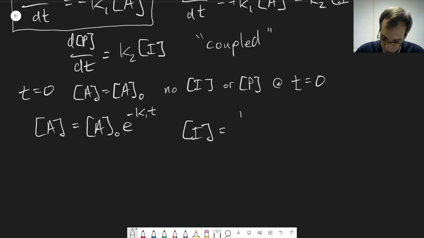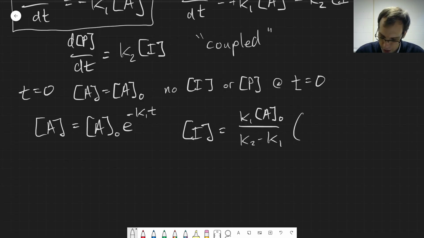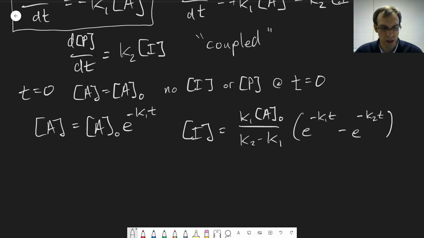We have k1 times A naught divided by k2 minus k1, and then we have two exponential terms: e to the minus k1 t, and a negative e to the minus k2 t. So that's our equation for our intermediate. Again, we didn't derive this, I'm just giving you the final results.